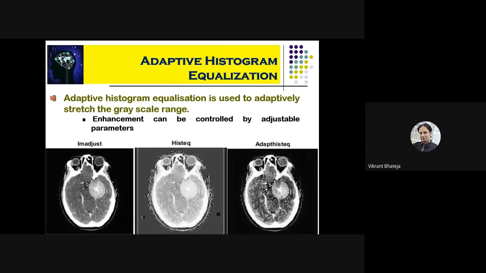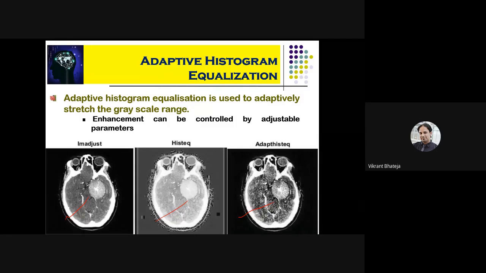that if this is our original image, this is the histogram equalization image, and this is the adaptive histogram equalization image, what you see when you apply this to medical images is that the histogram equalization image was bad, not a very pleasant one. And if you apply adaptive histogram equalization there, the image still has not given a very promising visual outcome.